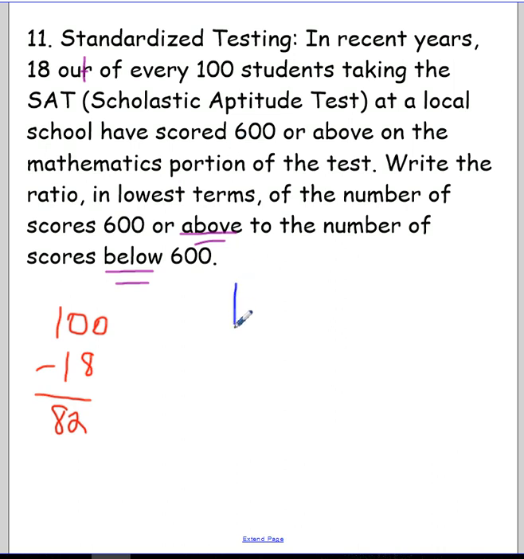And so we have 18 students of 600 or above compared to 82, which are below 600. And again, we need to simplify that, which is cutting it in half, divide by 2, and we'll get 9 over 41. So the ratio is 9 to 41, 600 and above technically, and below 600.